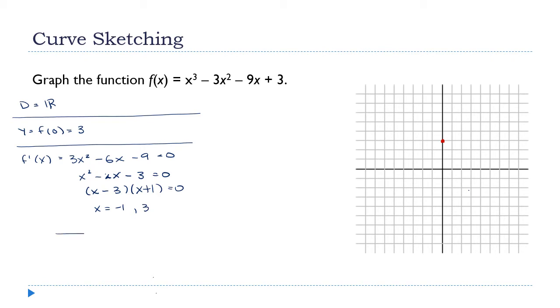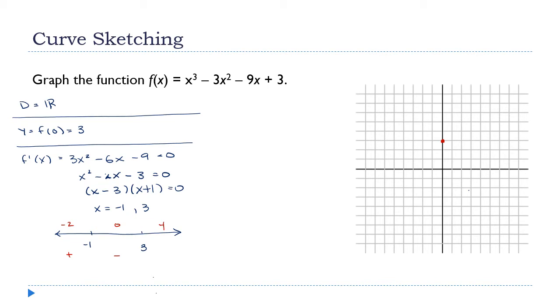So let me do a number line here, negative 1 and 3. And let's see, what are we going to test? Let's test negative 2, 0, and 4. If I put negative 2 in, I get negative 5 times negative 1, which is positive. And if I put 0 in, I get negative 3 times positive 1, which is negative.